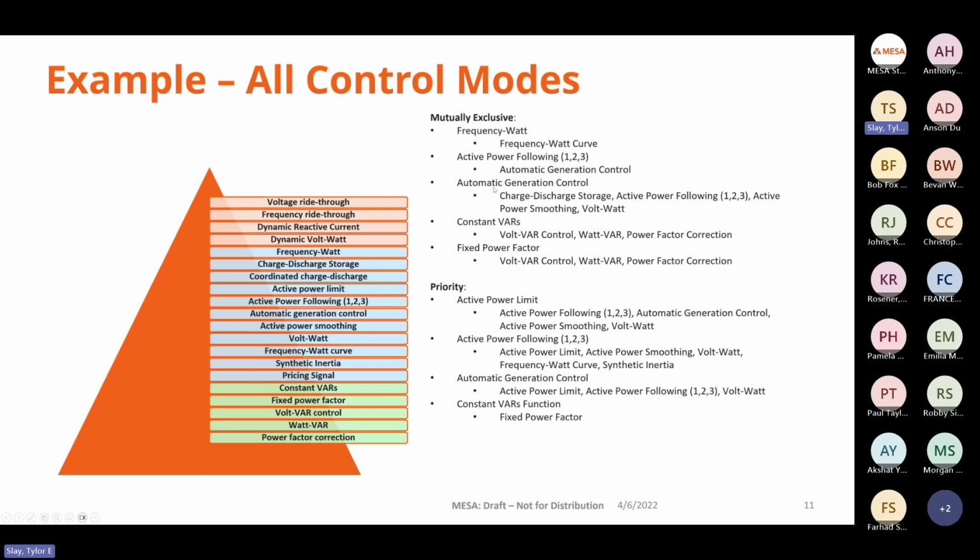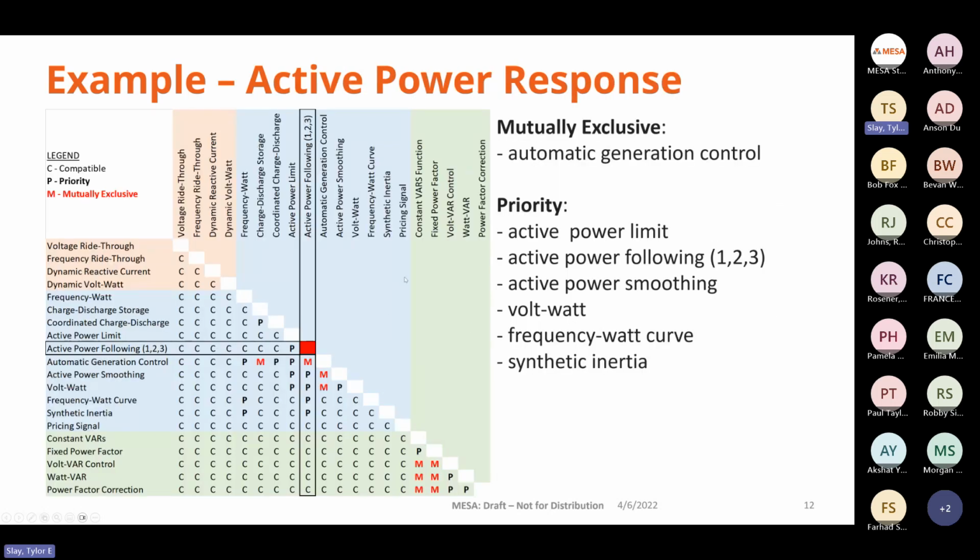Automatic generation control is mutually exclusive with charge discharge storage, active power following, active power smoothing, and volt watt. Constant var, volt var control, watt var control, and power factor correction. And the fixed power factor is mutually exclusive with the same ones. And then priority, active power limit, we can see. We'll go into the next slide because I think this will actually highlight things a little bit easier for you.